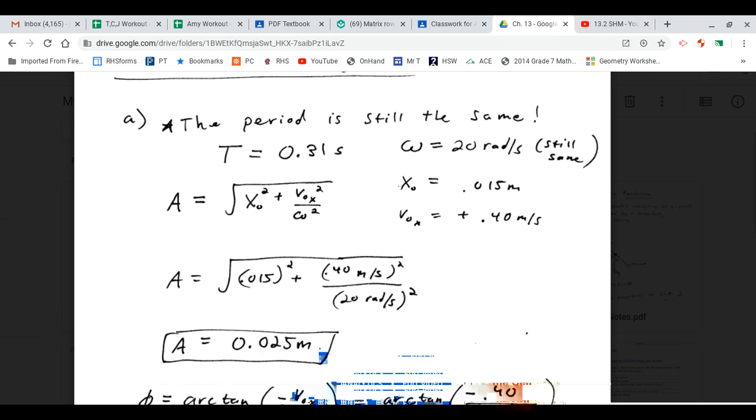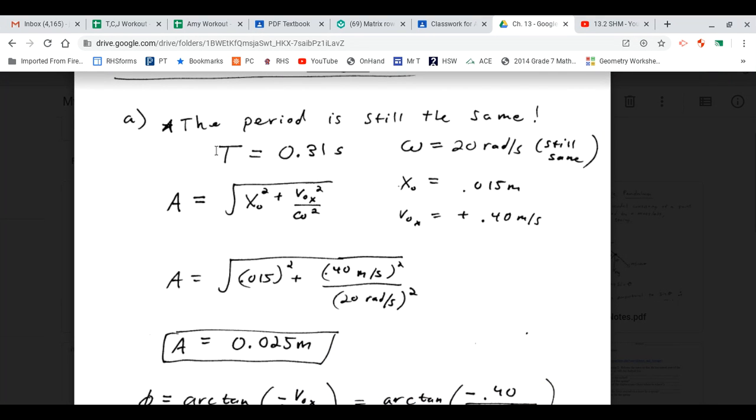All right. The period of this oscillator from the prior problem would also be the same. We can make that connection. So if the period is still the same, that would mean omega is still the same, 20 radians per second, as in problem 13.2. So to find the amplitude, we use one of the formulas defined above and just pop in the numbers.